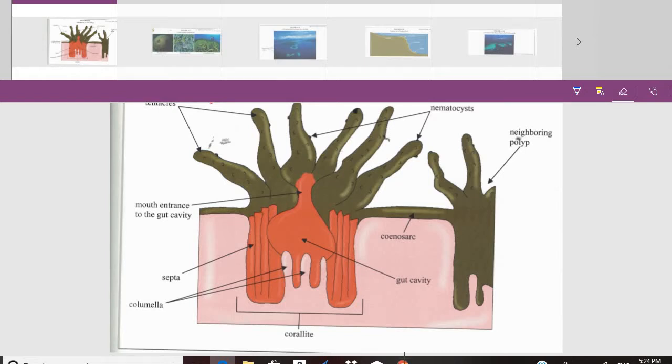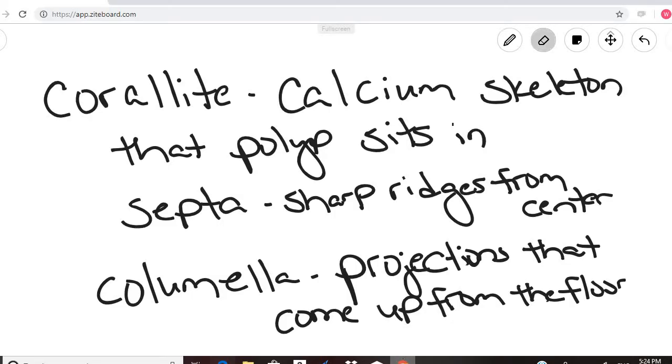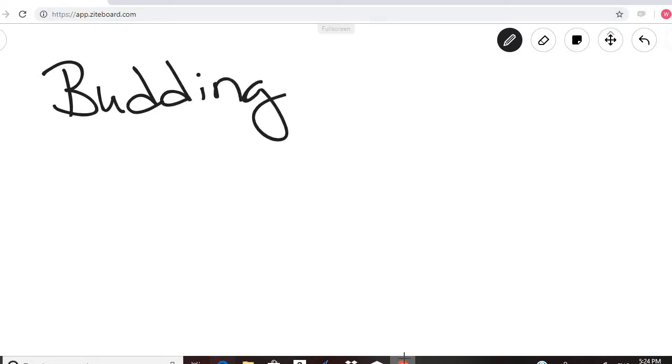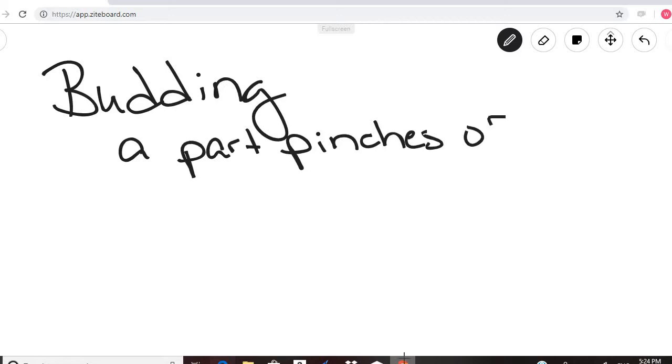Another way that they can reproduce is by budding, and we talked about budding in regard to jellyfish, but coral can also bud. So basically, a part pinches off, and that part that pinches off is called a bud.